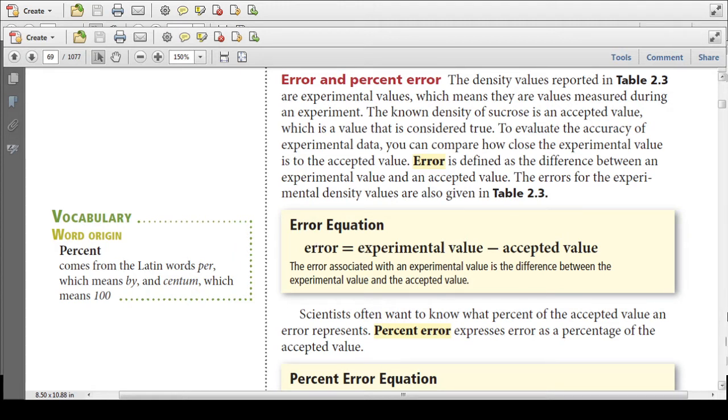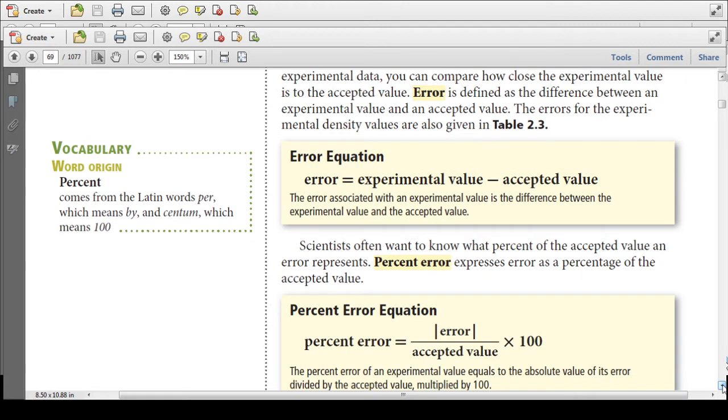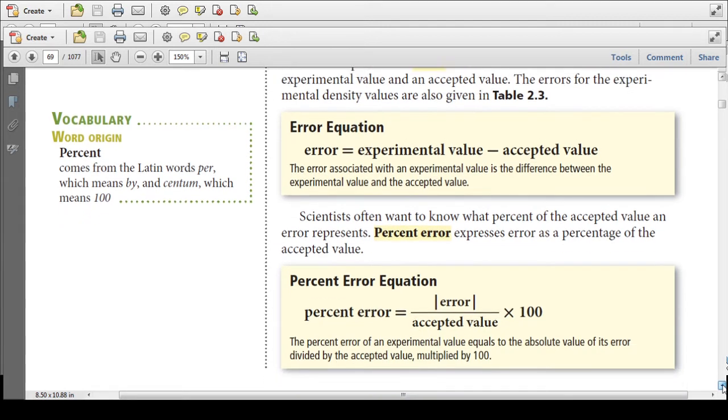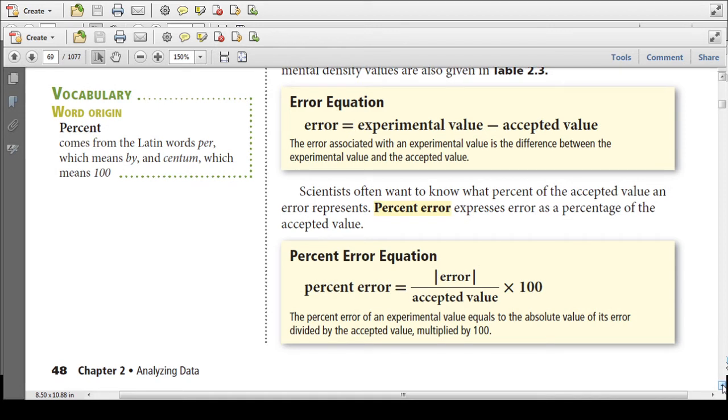Scientists often want to know what percent of the accepted value an error represents, and that's where percent error comes in. Percent error expresses error as a percentage of the accepted value. So for percent error, you take that above equation, experimental value minus accepted value, and take the absolute value of that. We don't care if it's negative or positive. We just want to know the magnitude of that error.